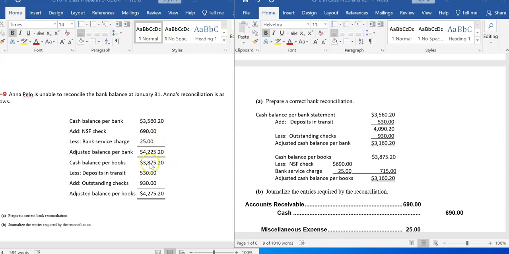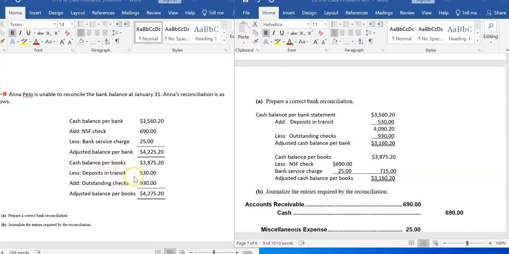It hadn't been recorded on the books because the general ledger wasn't aware. We weren't aware to record that service charge in the general ledger until we got the bank statement. So this is on the wrong side of the reconciliation. It should be on the book side of the reconciliation. It should be a subtraction from the book balance, because now that we know that that service charge occurred, it needs to be subtracted.